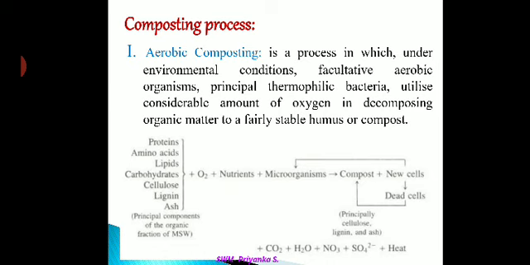The new cells that are produced become a part of the active biomass involved in the conversion of organic matter, and on the death of these new cells, they are converted into compost. Along with this, carbon dioxide, water, ammonia, sulfur, plus some amount of heat is also generated. This takes place in aerobic composting. We have to remember that this reaction takes place in the presence of oxygen.